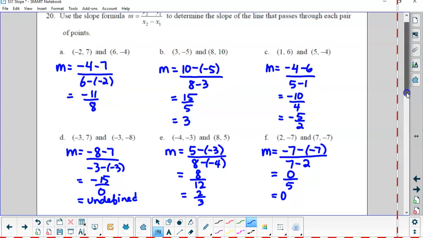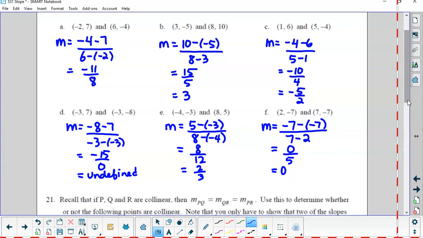If you take a look at the actual coordinates, you'll notice that they have the same x values. Okay, so that means if they have the same x values, remember, they're going to be 2 points on a vertical line. So if you see that right away, you don't have to do the formula. Okay, you can just state that its slope is undefined.